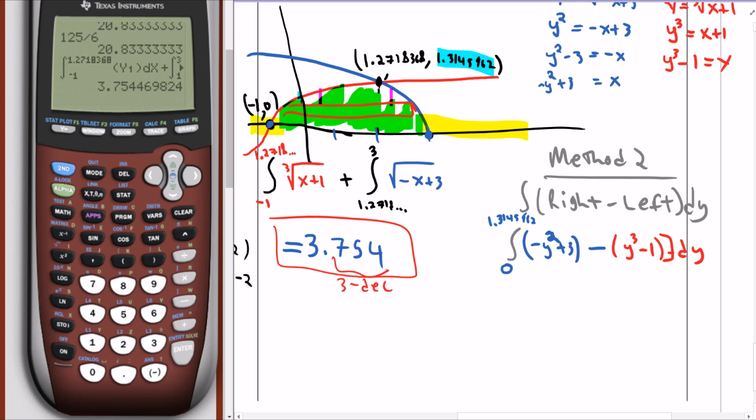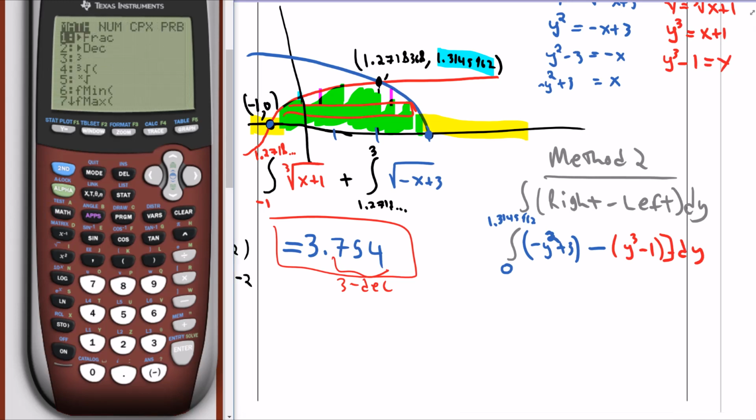And so we can integrate that. Again, we can do it on the calculator. We're going to do math 9. We're going to integrate from 0 to 1.3145962 of what? Well, I can't use y1 and y2 because those are different things, but we can just put these in.